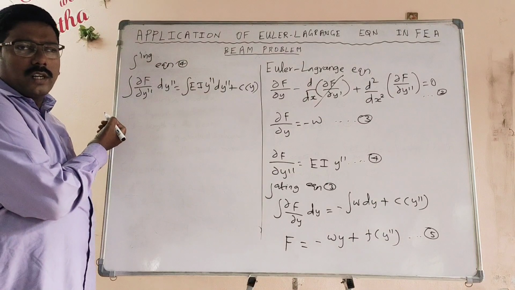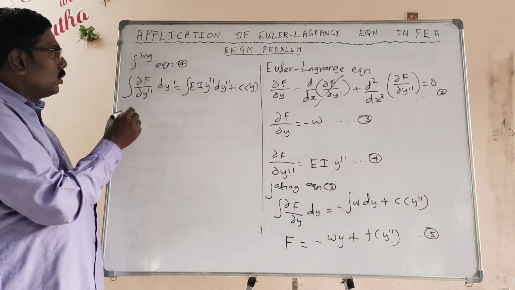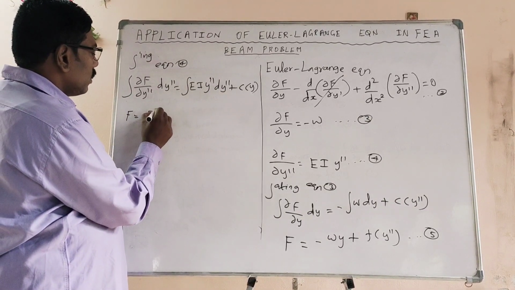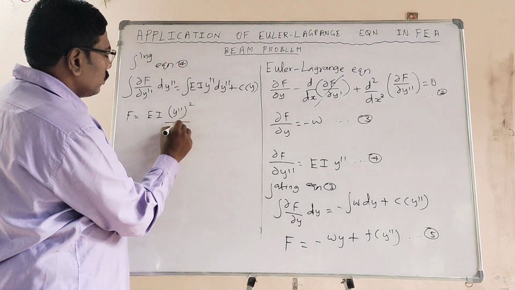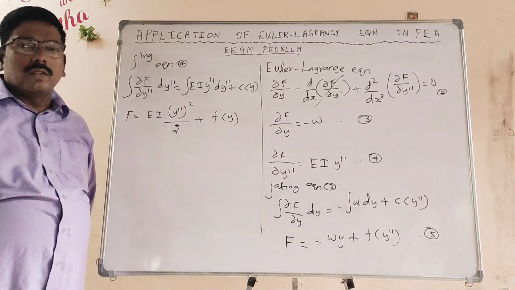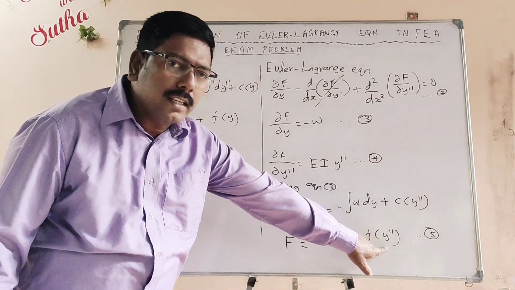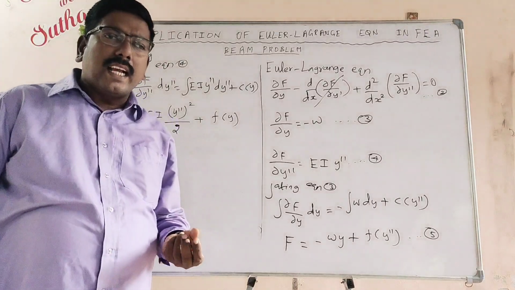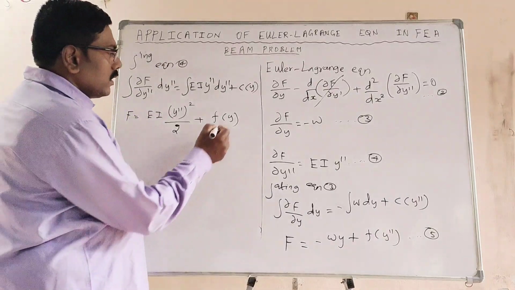Here the ordinary integration rule can be applied. So integral dou f by dou y double dash into dou y double dash equal to f. So f equal to EI into y double dash square by 2 plus a function of y. So the arbitrary constant can be taken as a function of y. Here it was a function of y double dash, here a function of y. So we can take the constants as per our convenience depending upon the equations. Call it as equation number 6.